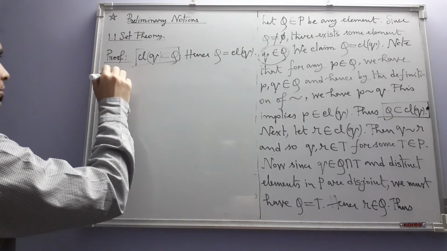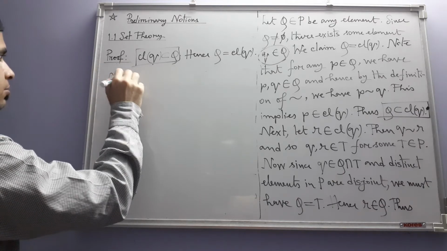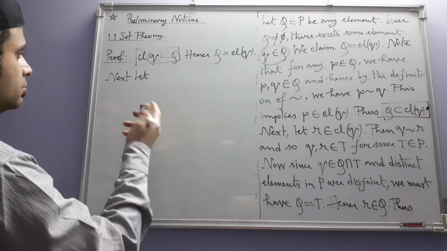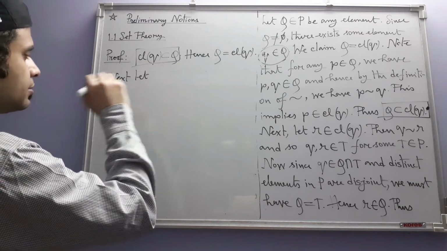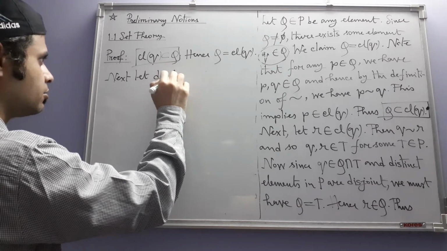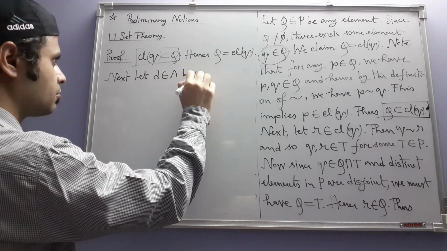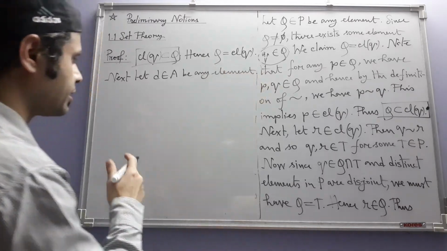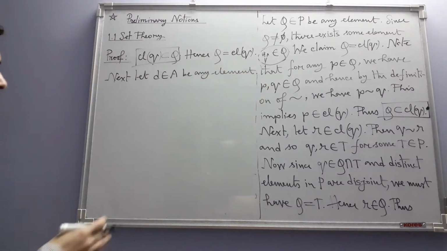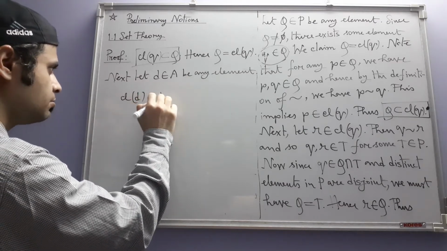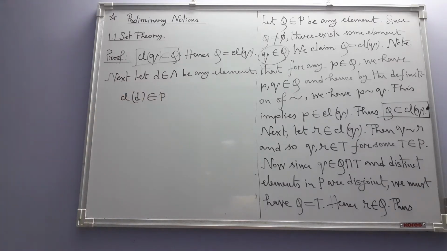Okay, so next let, what can I take? B, C, D. Let us take D belonging to A, any element, so that I can consider the class of D, and I have to prove this class of D belongs to P. This is what I have to prove.